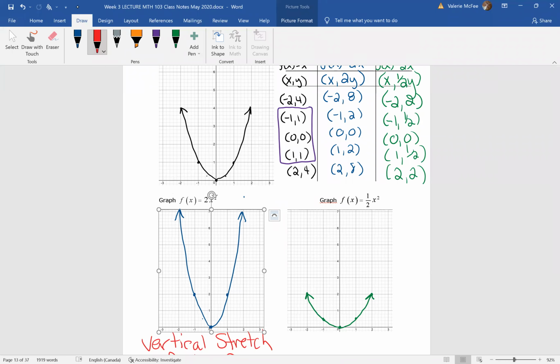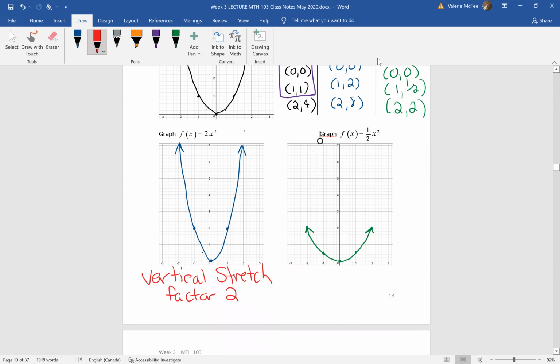In this graph, you can see that it is much shorter. It is compressed. It is wider and shorter. This is a vertical compression. And this time the factor is 1/2.